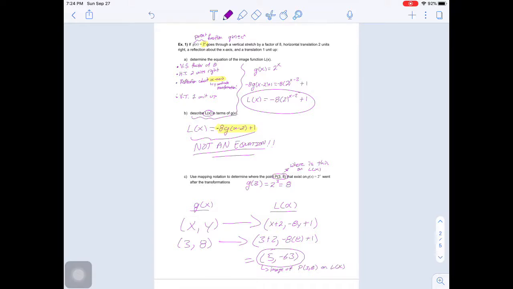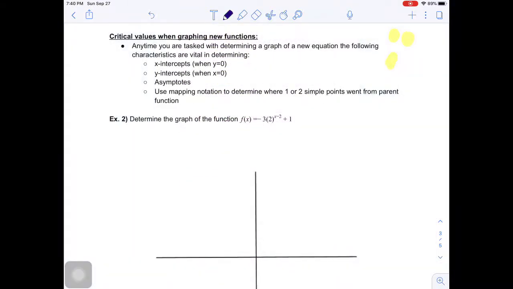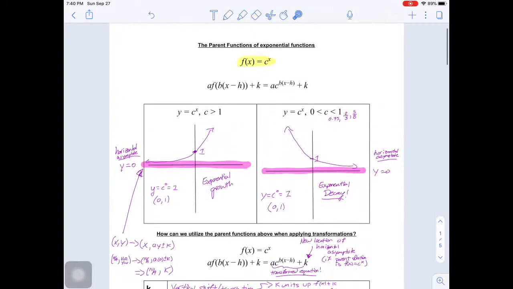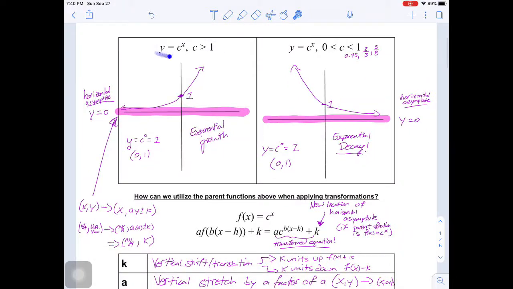Okay, let's move on to a few examples where we're actually going to graph these functions. Now remember what we talked about at the very beginning of the video. Our parent functions have very special things that we can use to our advantage in order to figure out what these functions look like in terms of their equations. Remember, we have a horizontal asymptote at y equals 0.